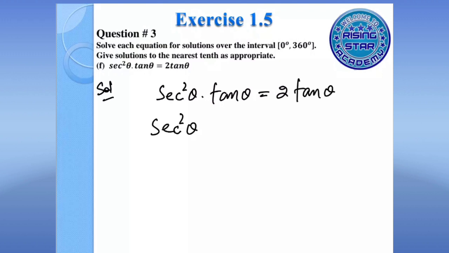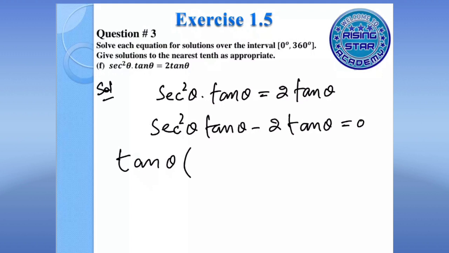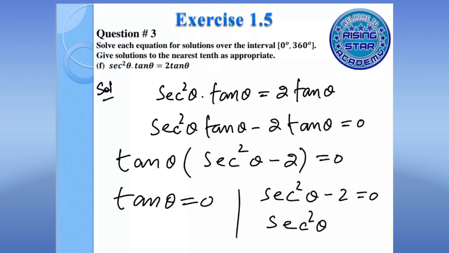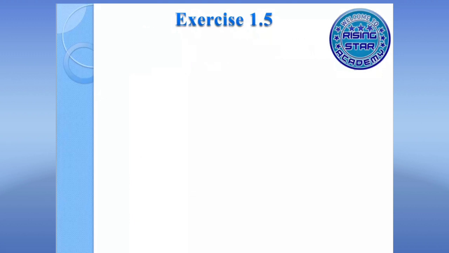Now we will write secant square theta tan theta minus 2 tan theta is equal to 0. Now I will take tan theta as common. So we have secant square theta minus 2 is equal to 0. The first factor is tan theta is equal to 0. The second factor is secant square theta minus 2 is equal to 0, so secant square theta is equal to 2.